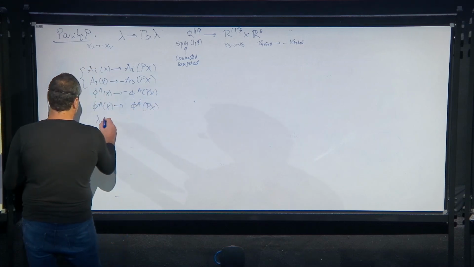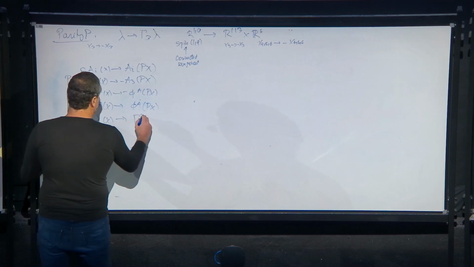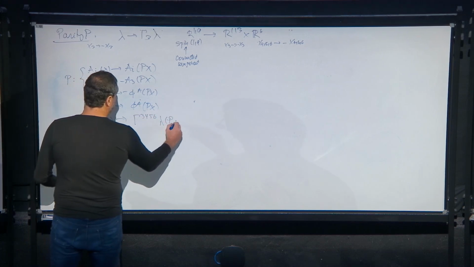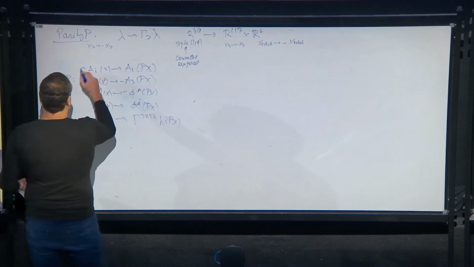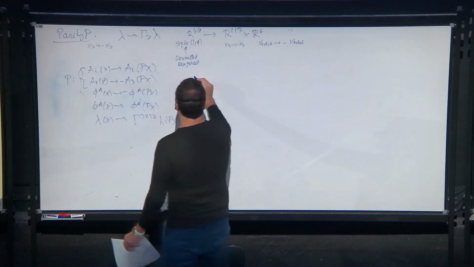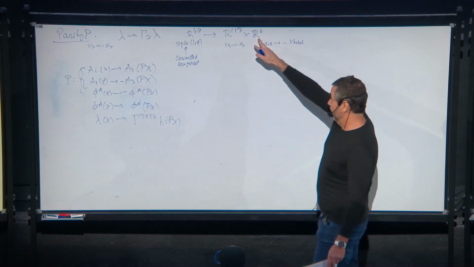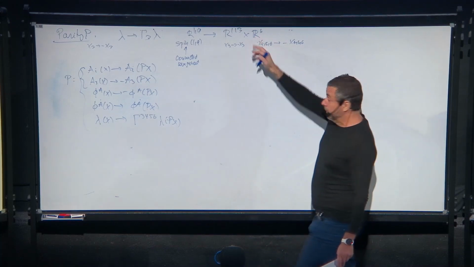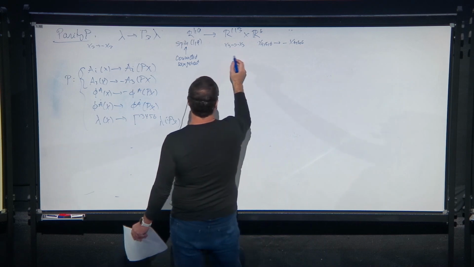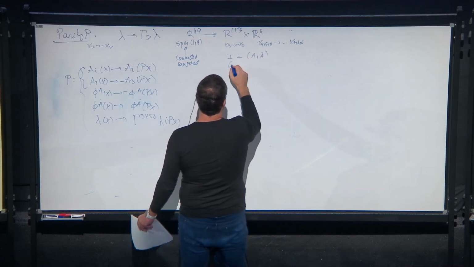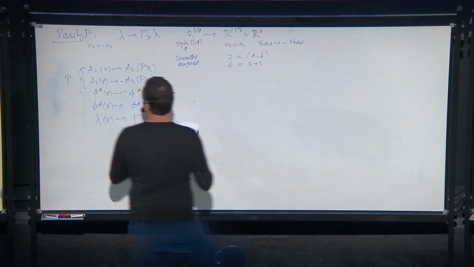And lambda is now rotated by a matrix that preserves chirality. Okay, let me tell you a few things. So I split, because clearly I have to pick here, say, three directions to flip. I'm splitting the I index into A and A dot. So this is 6 equals 3 plus 3. That's what I have here.